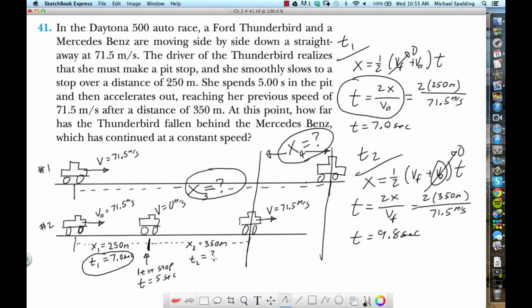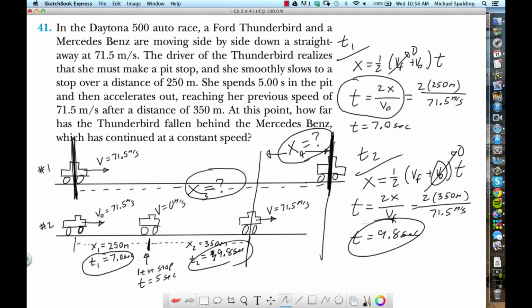So now we have T1 and T2. T2 is 9.8 seconds. So what's the total time? Focusing on car 1, what's the total time from here over to here? 21.8. Yeah, well, I'm trying to trick you right now.